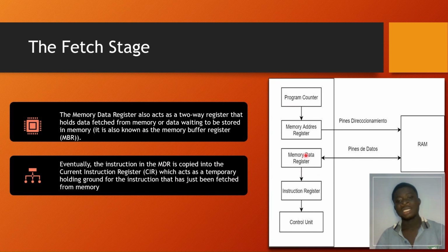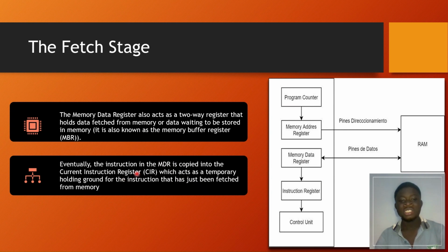That is, one, it holds data that has just been fetched from memory, and two, it stores data that is waiting to be stored in memory. As you can see from this arrow, it points to the RAM and then points back to the memory data register.